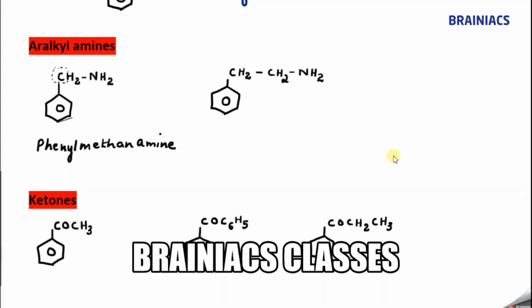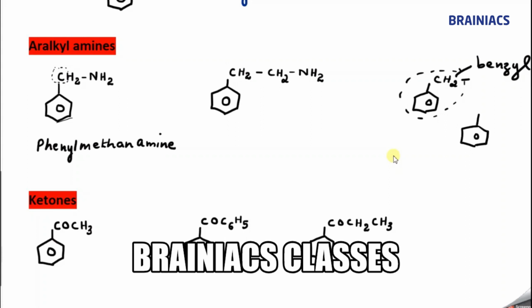Okay, sometimes they say benzyl amine because this together is called a benzyl group. Please listen, this CH2 group with this substituent is commonly called what? Benzyl. Please understand that. And what is benzene alone called?